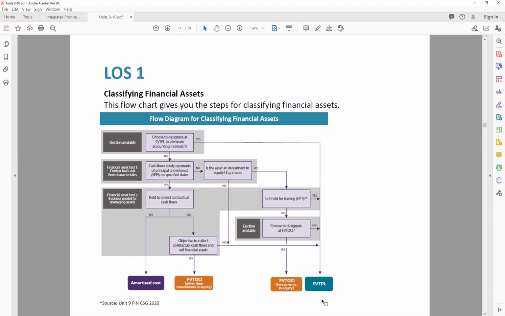Now let's go to this other spectrum here, which is fair value through profit and loss. Under the fair value through profit and loss approach, we primarily hold these financial assets for trading, in the sense that we buy in, we buy out. And so when we have that sort of characteristic, they are held for trading, and we classify this as fair value through profit and loss.